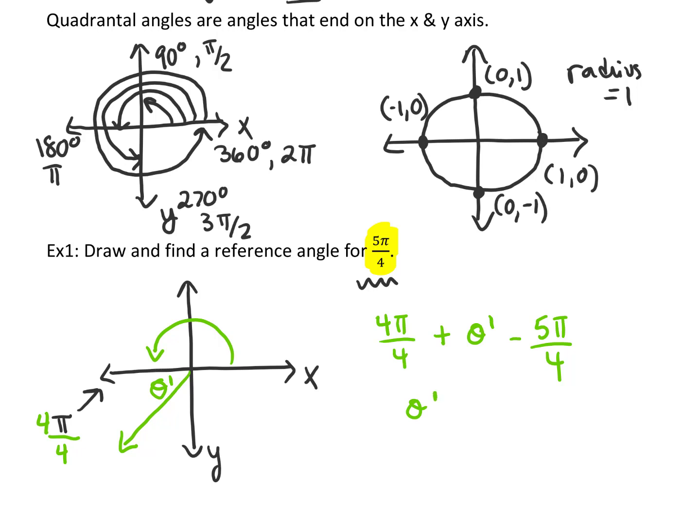So I can make an equation. And I get pi over 4. So my reference angle, which is this angle here, it's an acute angle and it approaches the closest x-axis. This angle is 5 pi over 4.